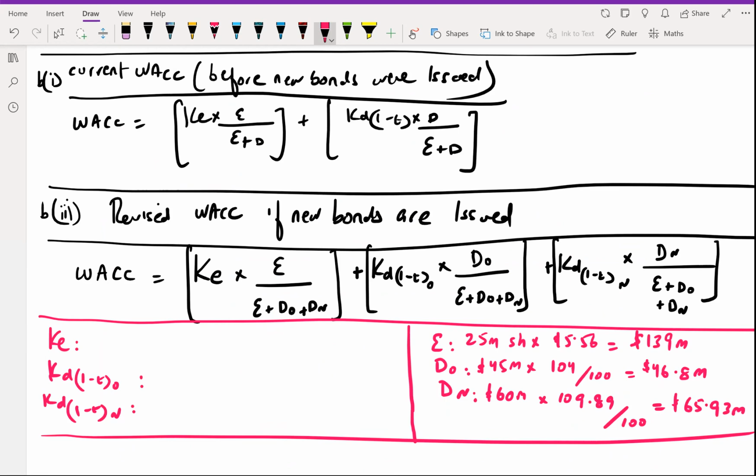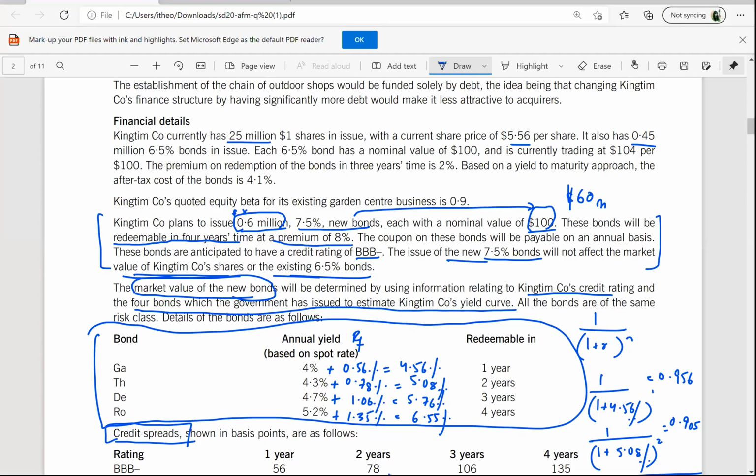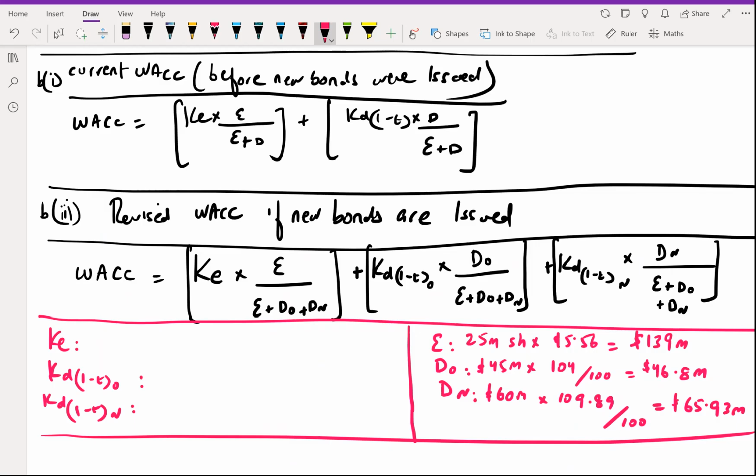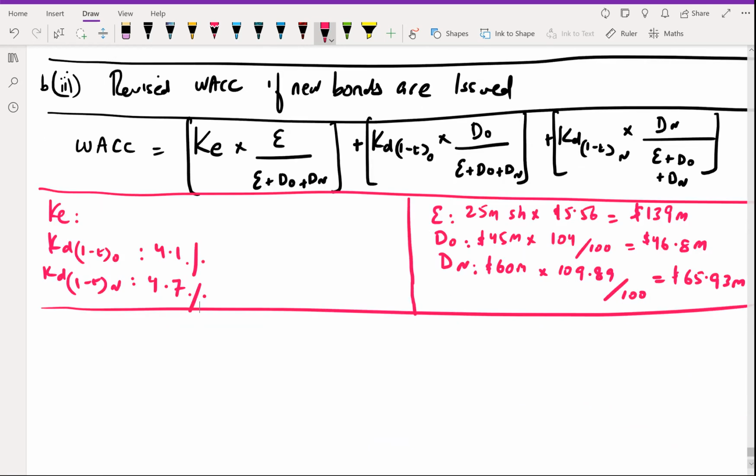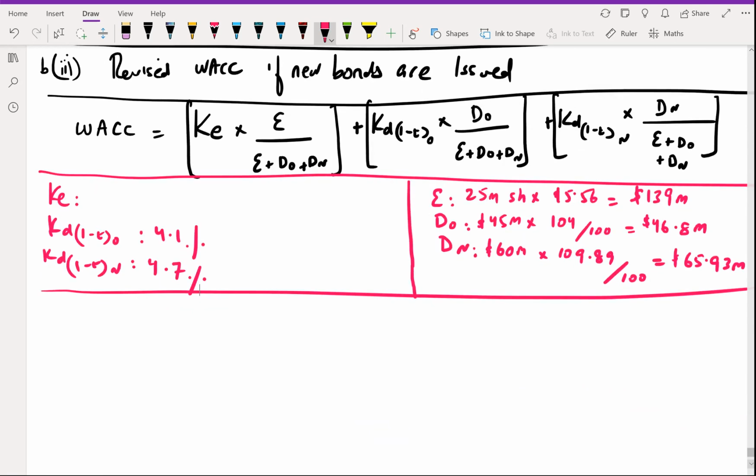Cost of debt of old bond. After tax cost of debt of old bonds was 4.1%. And after tax cost of debt of new bonds, you have just calculated in the above part, 4.7. So 5 things have been done. I just need KE now. Okay, so I want you to copy these 5 things, and then we will finally find KE, and that would be it for this particular part.